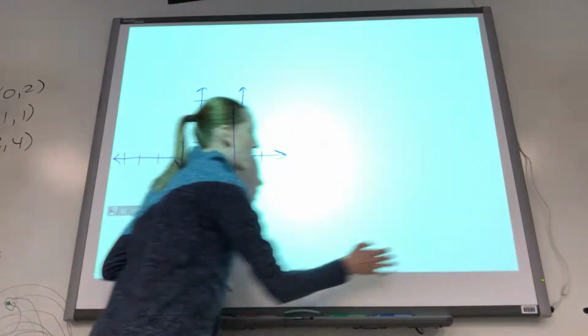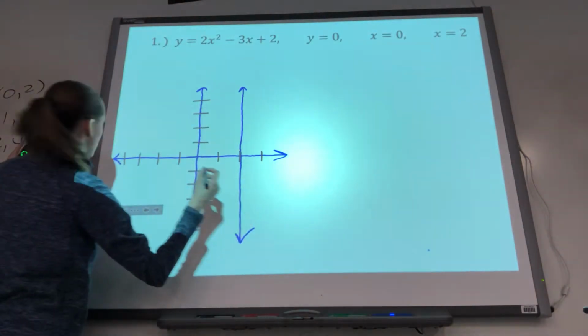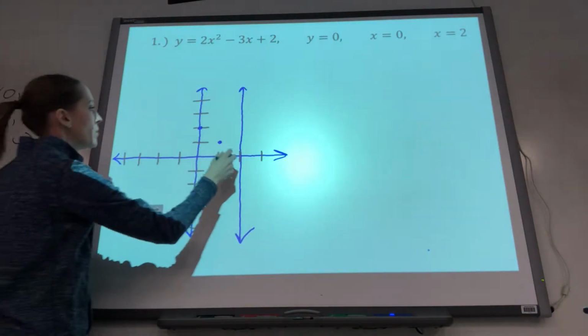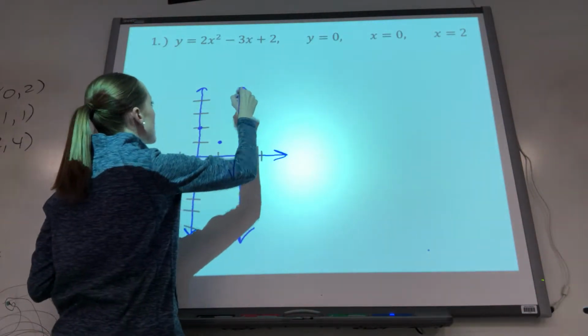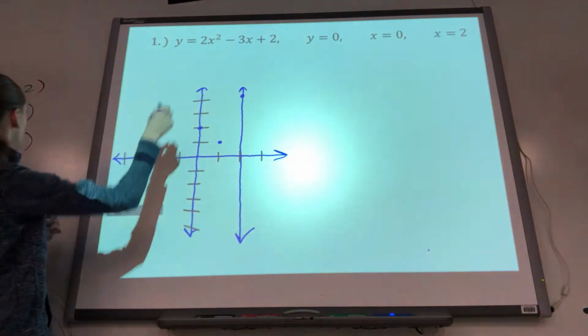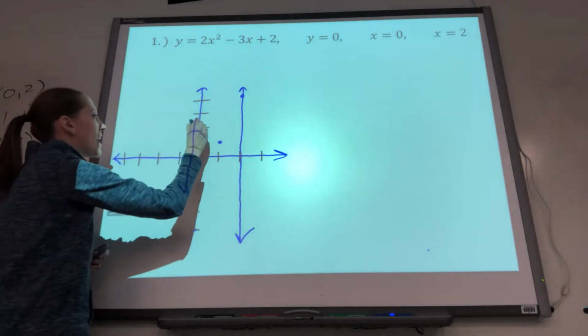So let me put those points on here. We had 0, 2, 1, 1, and then 2 was all the way up here at 4. Again, this is just kind of like your right half mostly of that parabola.